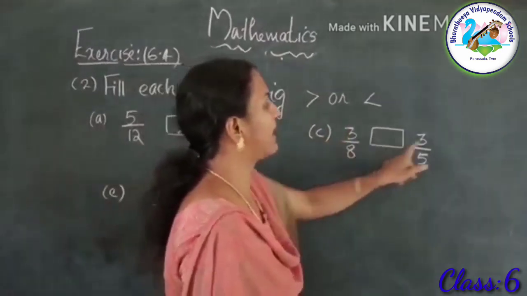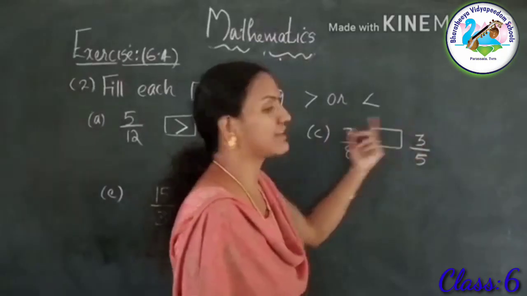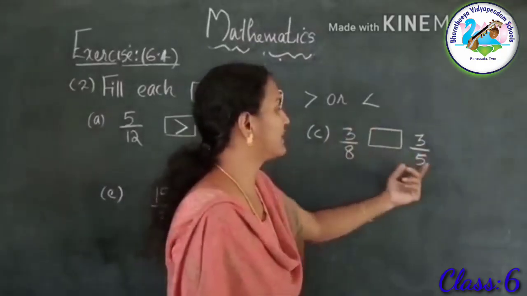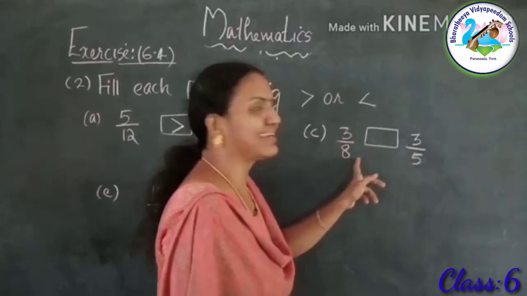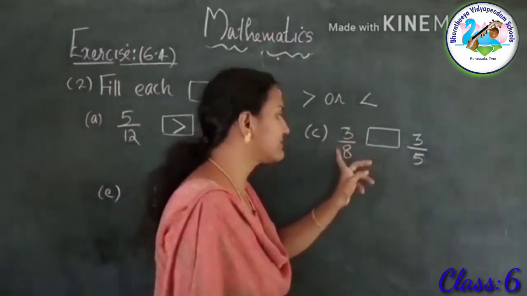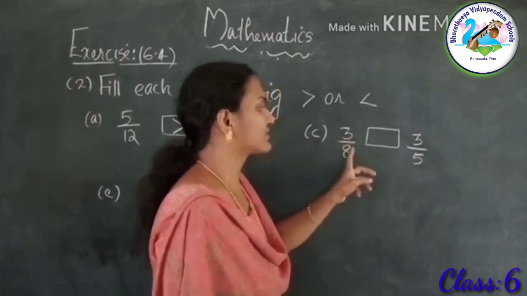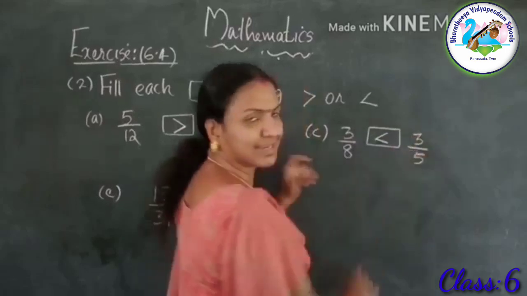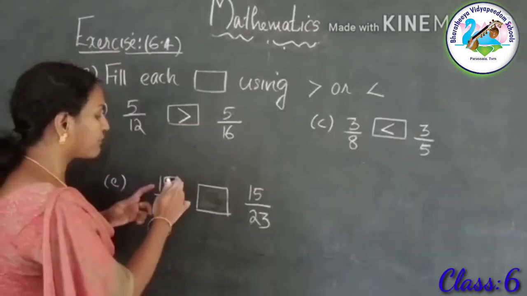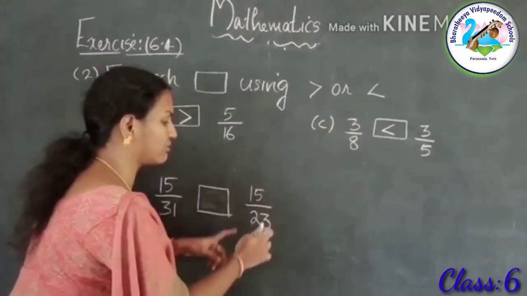Then 3 by 8 and 3 by 5. Here the numerators are same. So compare the denominators 5 and 8. The greater denominator is 8. So the smaller fraction is 3 by 8. So 3 by 8 is less than 3 by 5. Option E, 15 by 31 and 15 by 23.